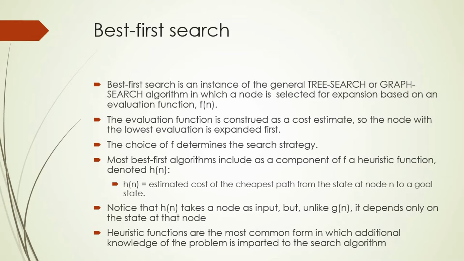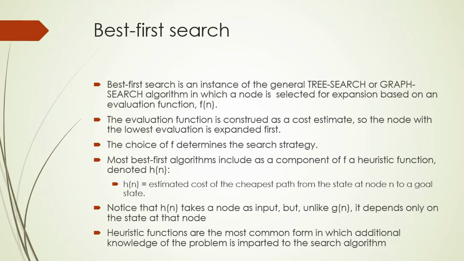The best first search is an instance of the general tree search or graph search algorithm in which a node is selected for expansion, but rather than selecting at the same level or going deep first, here the node is selected for expansion based on an evaluation function.